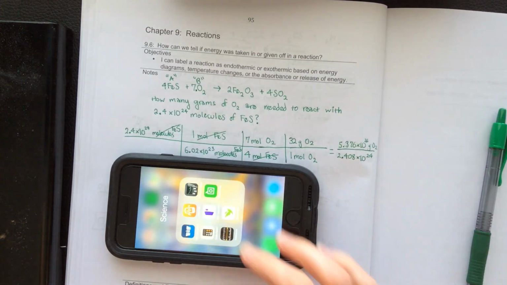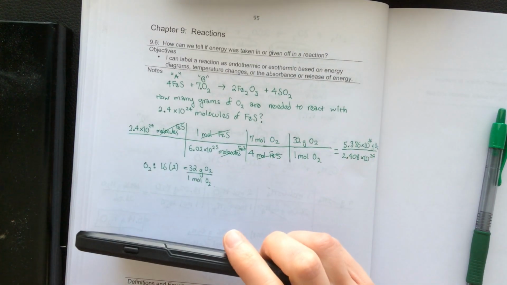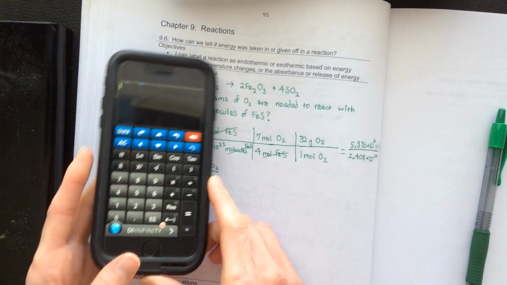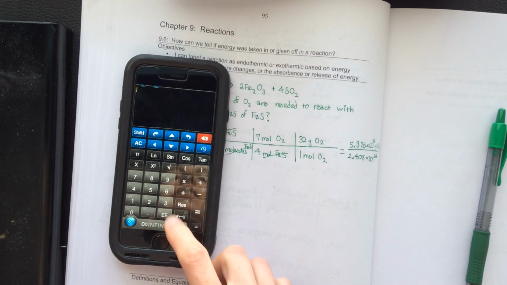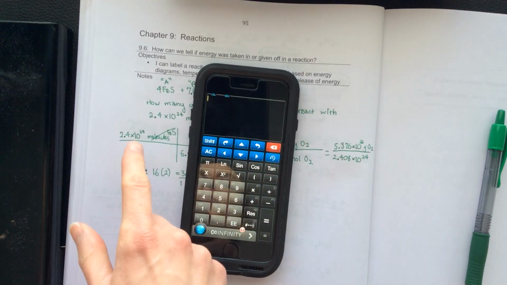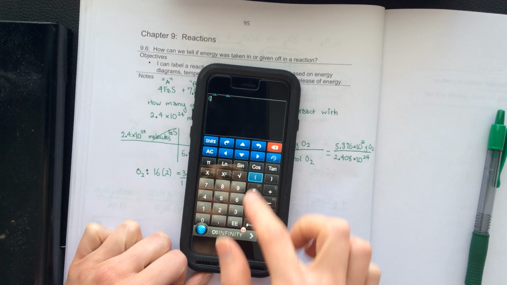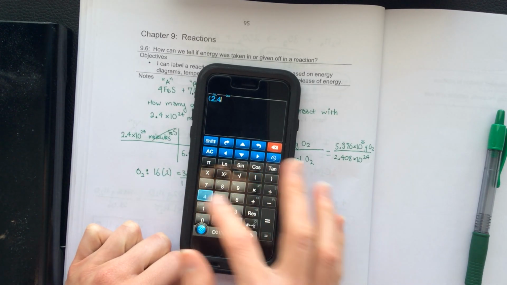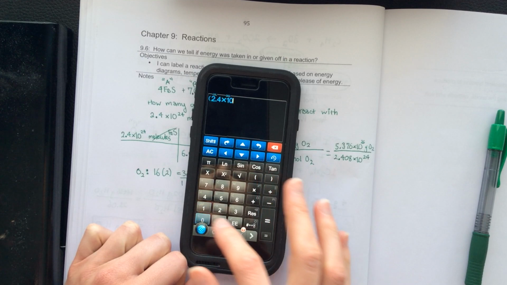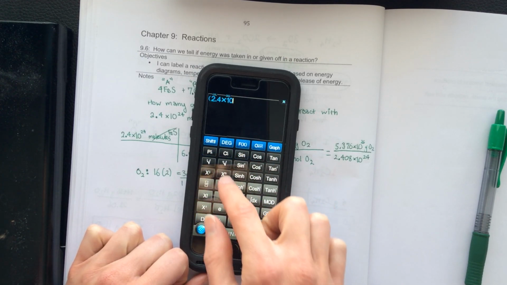So, my calculator that's kind of like Android is this one. On Android, see, this one has an E button, but on Android, you don't really have an E button exactly. So what you need to do is put your scientific notation in parentheses. So you need to do 2.4 times 10, and then you need to find a button that's like x to the y or x to the n.